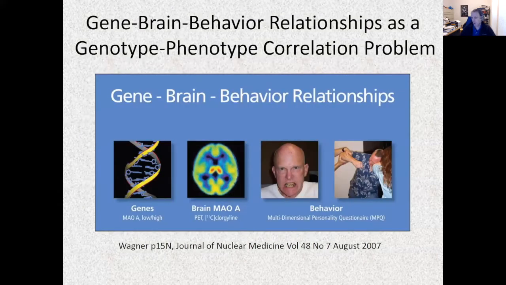It gets more fascinating when we start addressing what we call gene-brain behavior relationships and address study of the genotype-phenotype correlation problem. This particular example slide comes from Henry Wagner, a very well-known and respected nuclear medicine physician who was drawing attention to the study of this PET scan in the use of looking at levels of enzyme activity.